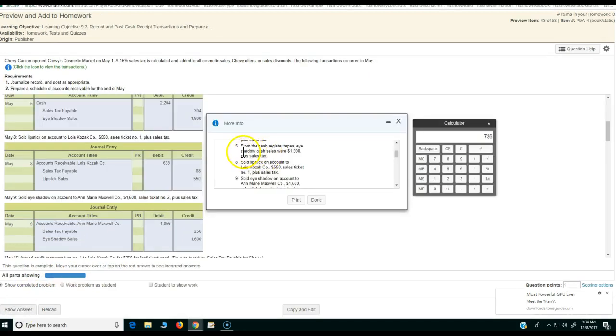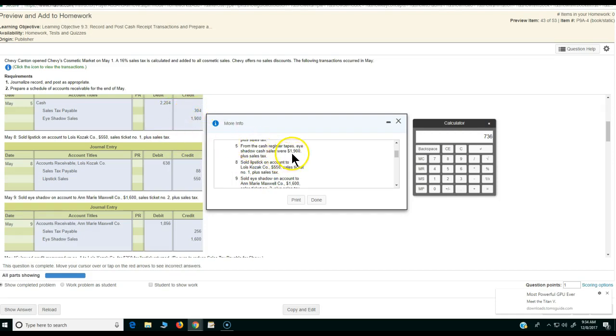Okay, so the next 3 transactions are identical, except the amounts are different, and you have registered tapes for eyeshadow, and then again for lipstick, and then again for eyeshadow, but they're all the same in nature insofar that we have to collect the sales tax.